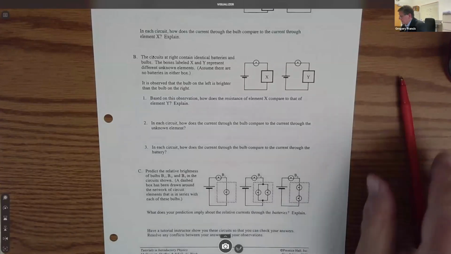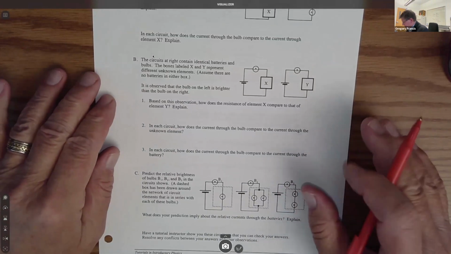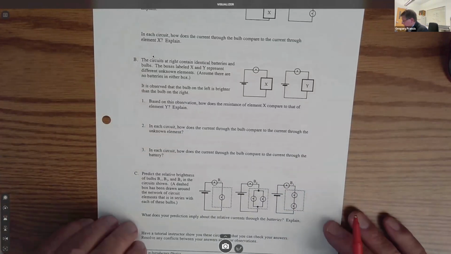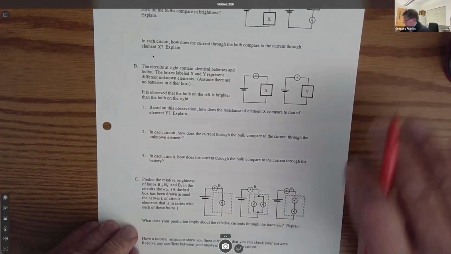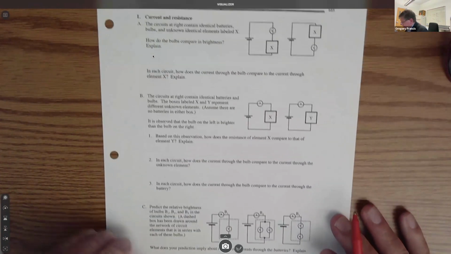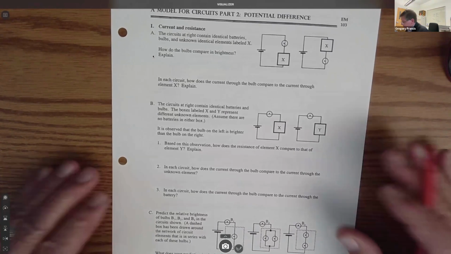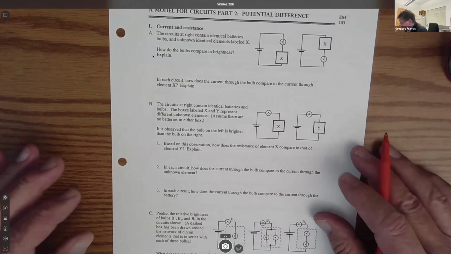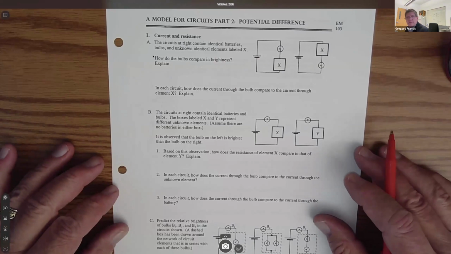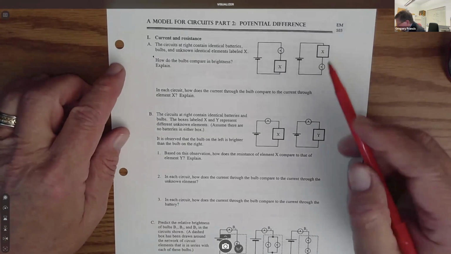Okay, now this turns out to be one of the easier tutorials that were ever produced, and that's good news because we're ready for an easy one. Some of the first part of this tutorial is review, something that you've seen before. So let's just go through this first page fairly quickly.